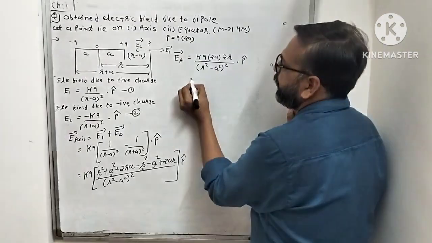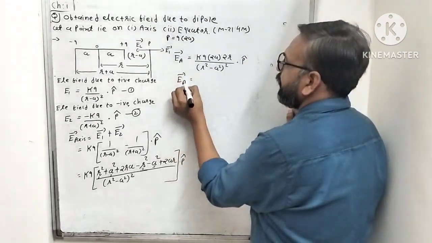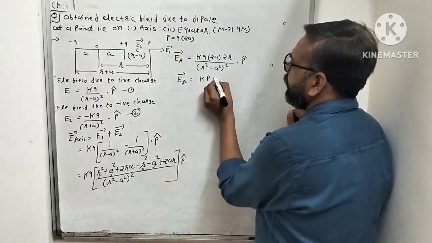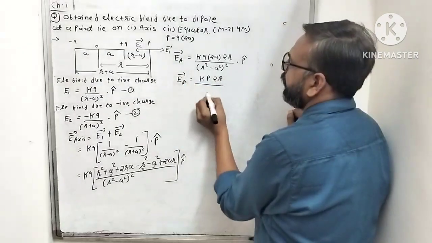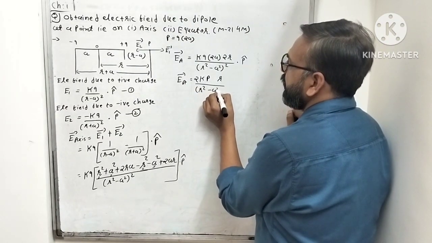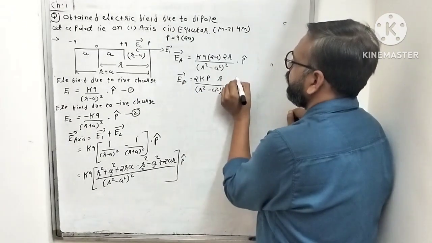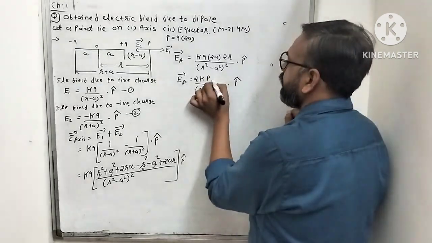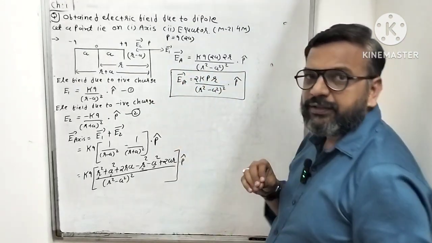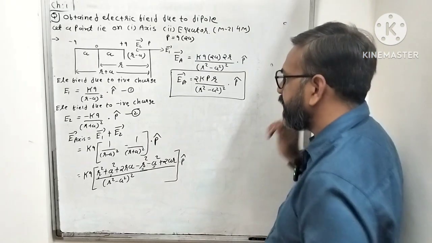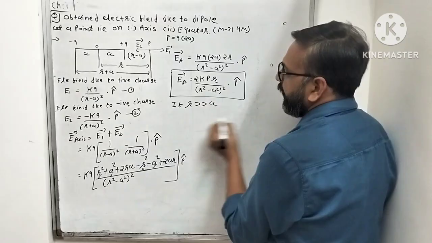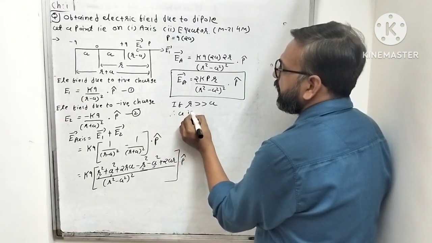Q into 2A is the electric dipole moment P. Here we consider a case: if R is greater than A, then A is neglected.